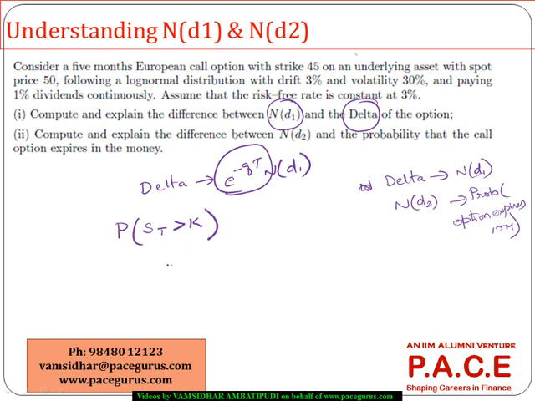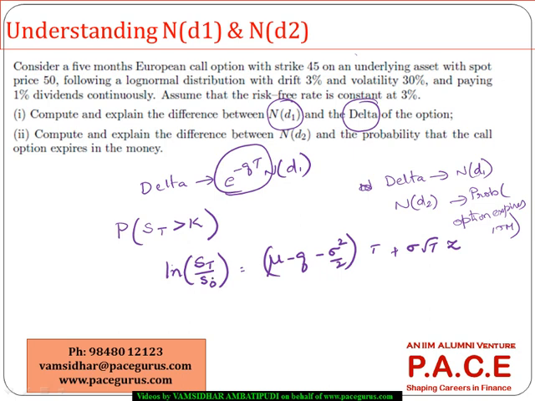So when we are looking at the probability of ST greater than K, I am looking at a simple logic. Let me go ahead with the basic understanding. Log(ST/S0) we can write as (mu minus Q minus sigma squared by 2) times T plus sigma root T times Z. Very straightforward.